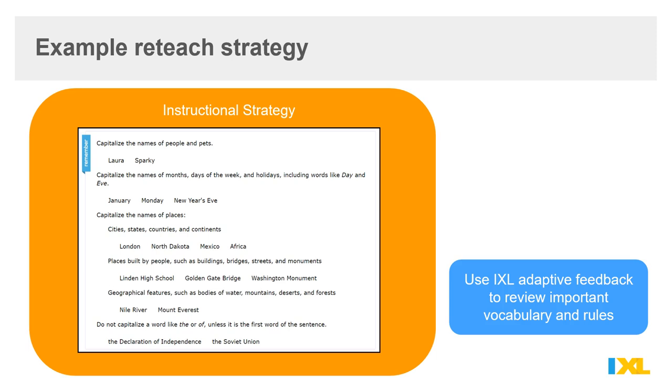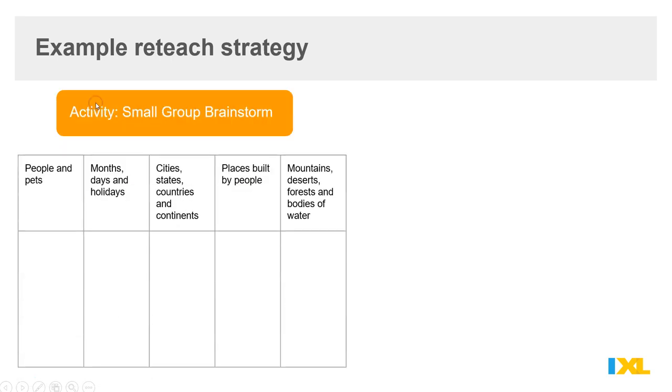So what you might do is review those capitalization rules and all of the different examples that we provide. Once you believe that students are really beginning to remember those important capitalization rules, have them launch into that collaboration. For this example, maybe have them begin brainstorming in groups all kinds of different proper nouns for specific categories that would involve capitalization.